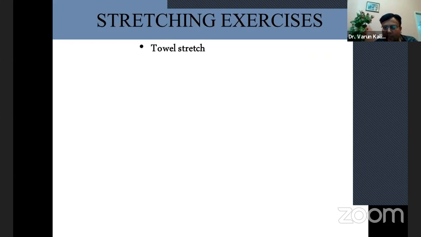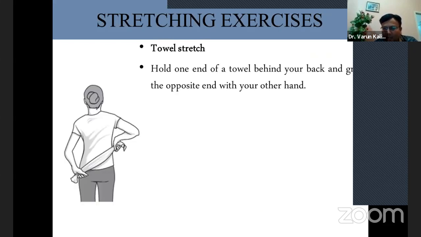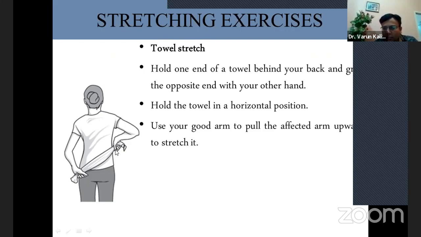Next one is the towel stretch exercise. Here, the patient holds one end of the towel behind the back and grabs the opposite end with the other hand. This one is the affected hand, this one is the unaffected hand. Hold the towel in a horizontal position. Then use your good arm to pull the affected arm upward to stretch it.